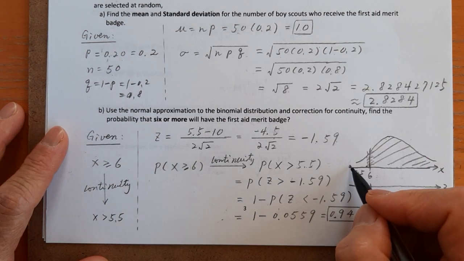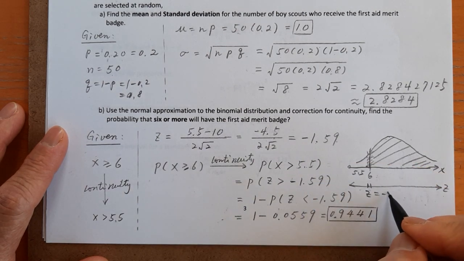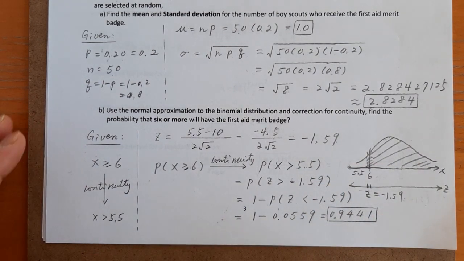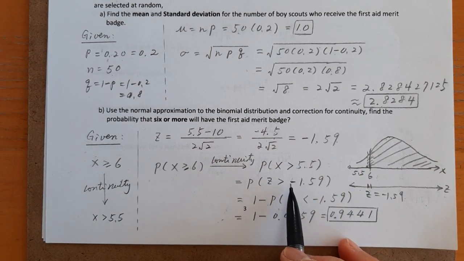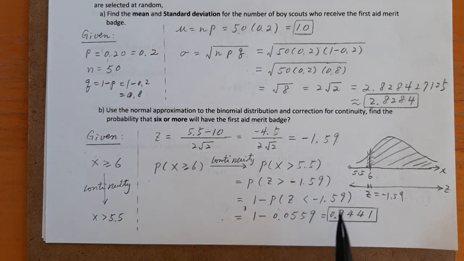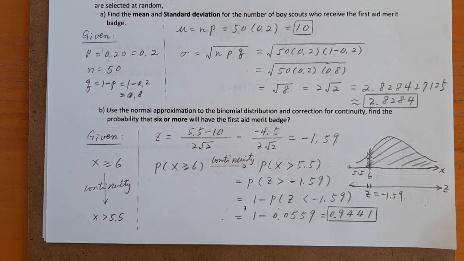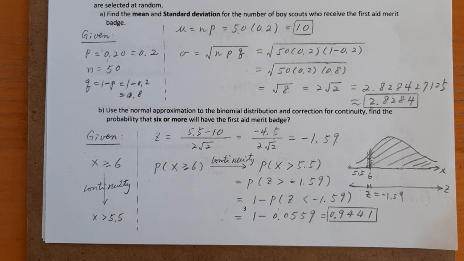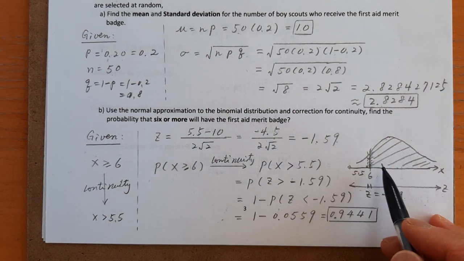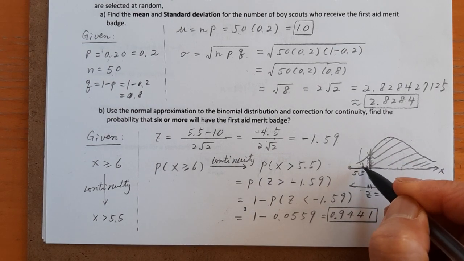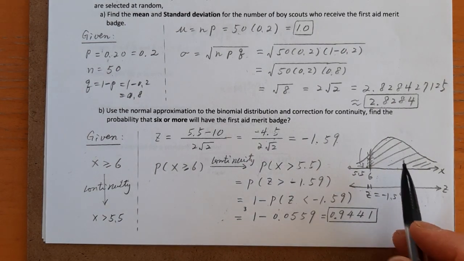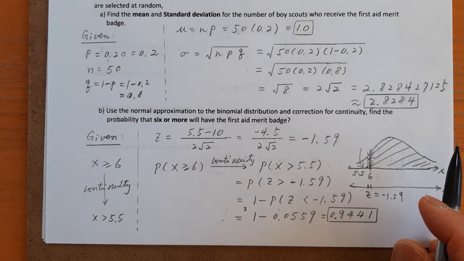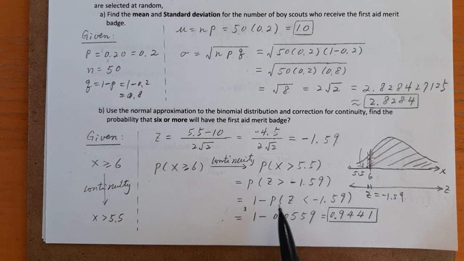The z-score here is negative 1.59. So x greater than 5.5 is the same as z greater than negative 1.59. That will guarantee the probability includes x equals 6. The table only gives you this area, so you have to do 1 minus this area to get the greater than area. So it is the same as 1 minus the probability of z less than negative 1.59.